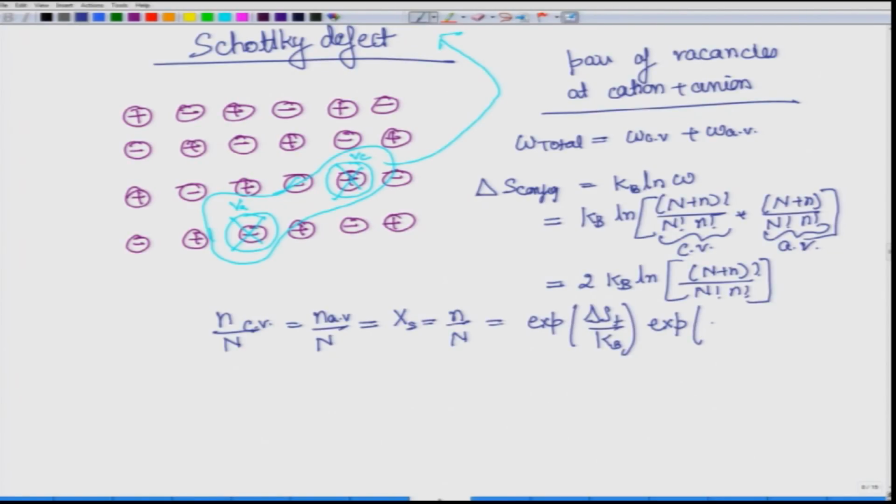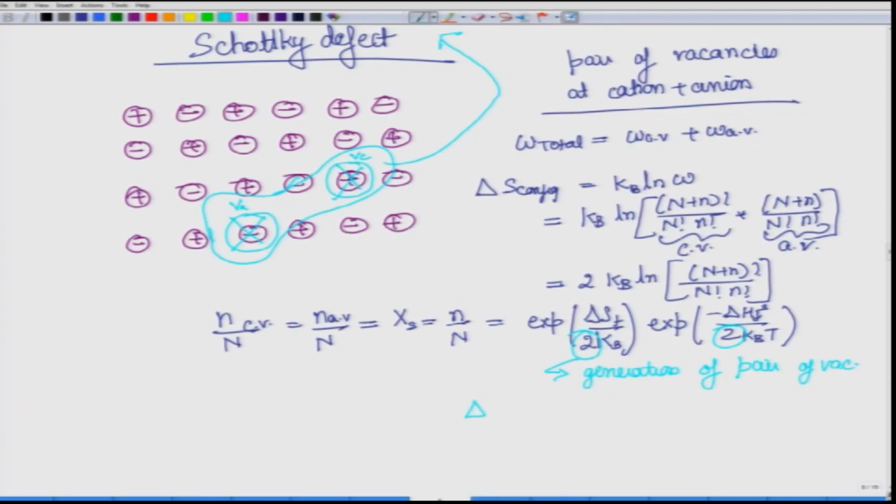exp. So, there is a 2 over here, minus delta H_f Schottky by 2 kBT. So, just like in the previous Frenkel defect, when we were describing the Frenkel defect, there is again a factor 2 over here, and that factor 2 represents generation of a pair of vacancies.